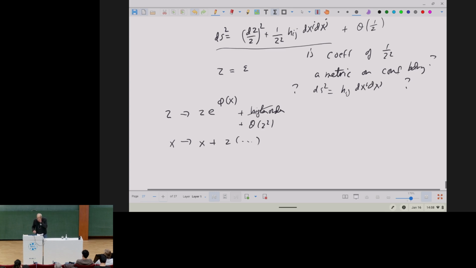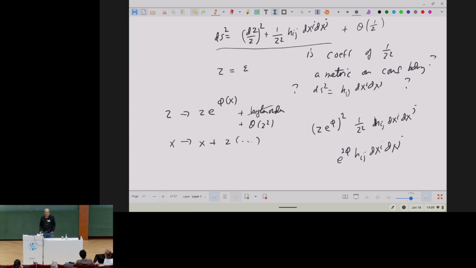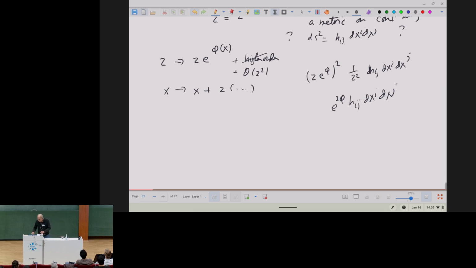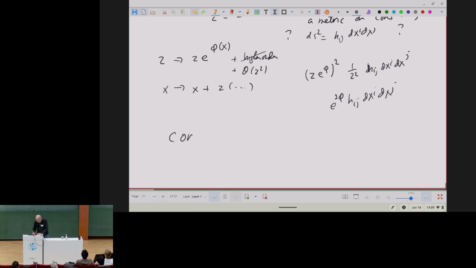So the factor of z squared by which you would try to multiply to get a metric on the boundary isn't unique. You could instead use z e to the phi. And then the metric you'll get on the boundary will be e to the 2 phi times h. So what the boundary carries is not really a Riemannian metric, but only a conformal structure. In fact, that's the reason for the name conformal boundary.